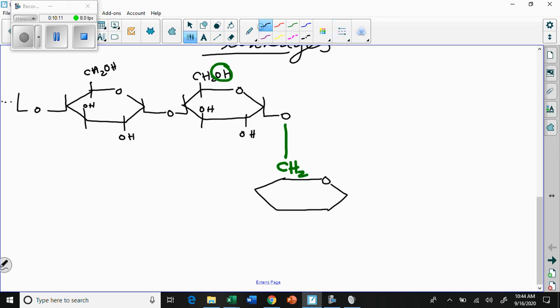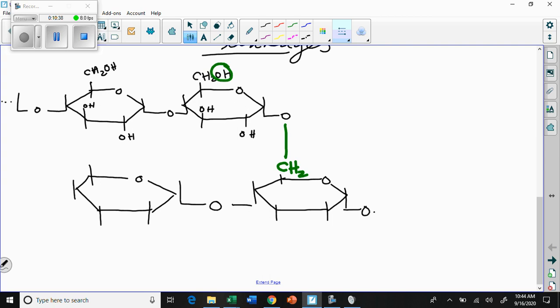Okay, so now let's put these black lines in here. So you can see that it's attached in a different spot. It's a different kind of linkage. All right, we're not going to get into the details of it. We're just going to show that it causes this branching. But what it does is it connects to another sort of chain. And this chain might go this way, and then there might be another linkage here.